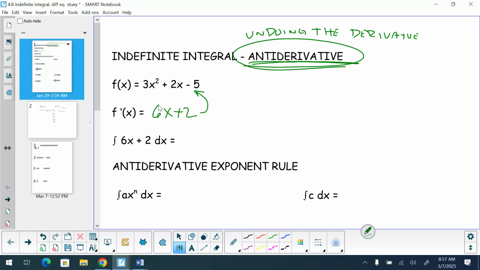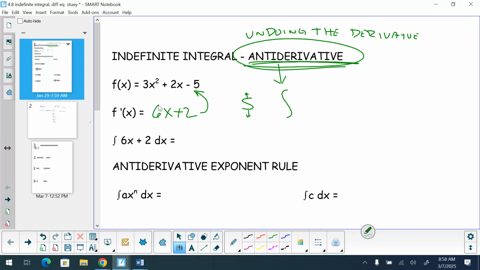Here's our letter S. I'm going to stretch it downwards, and I'm going to stretch it upwards. I'm going to get an elongated S. This tells us that we're dealing with the antiderivative of a function. It's a stretched out S.